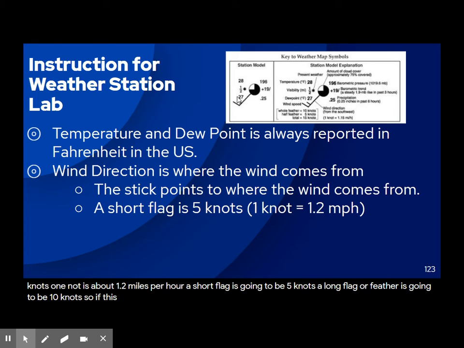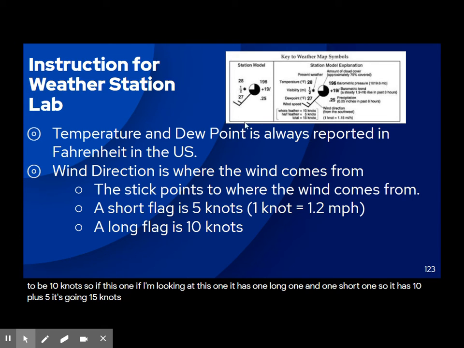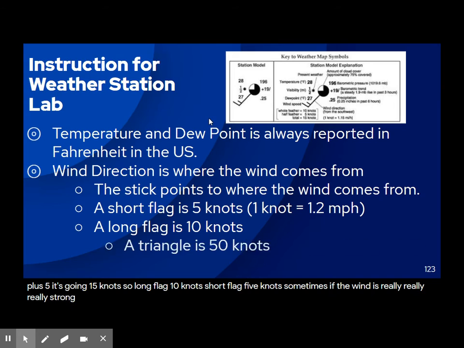So if I'm looking at this one, it has 1 long one and 1 short one. So it has 10 plus 5, it's going 15 knots. Long flag 10 knots, short flag 5 knots. Sometimes if the wind is really, really strong, they will give you a triangle, and that is 50 knots.